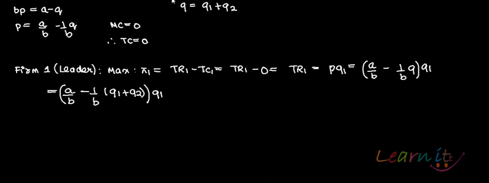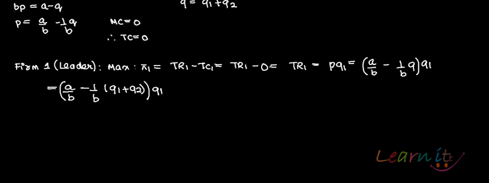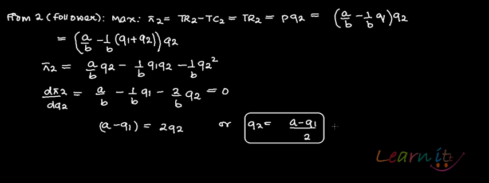Now the leader knows how much the follower has produced. Earlier the leader didn't know how much the follower has produced. In fact, this is basically nothing but the reaction function of firm 2, which is a function of how much firm 1 has produced.